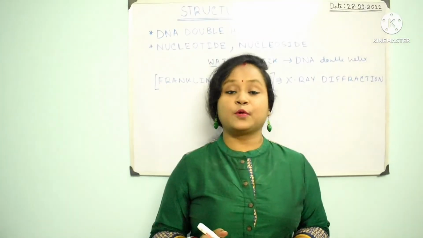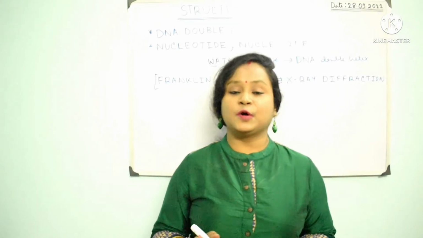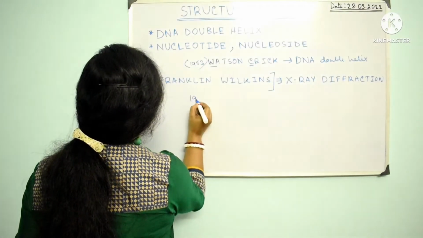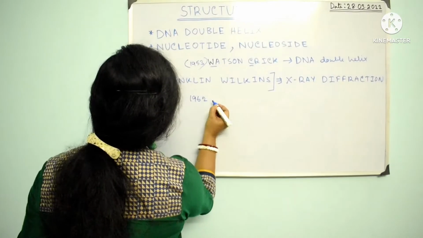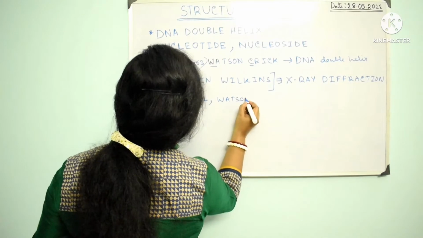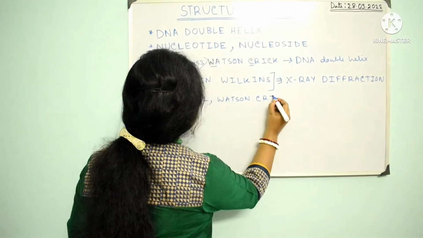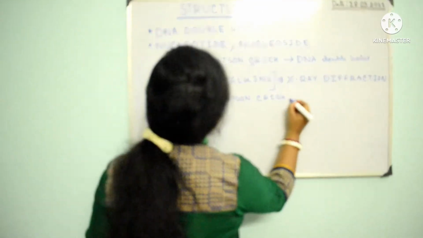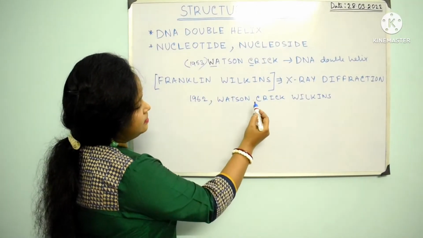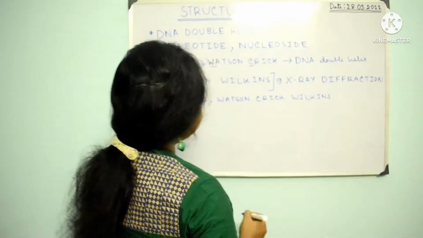Watson and Crick produced the famous double helical structure of DNA in 1953. In 1962, for this work, the Nobel Prize was given to Watson, Crick and Wilkins.